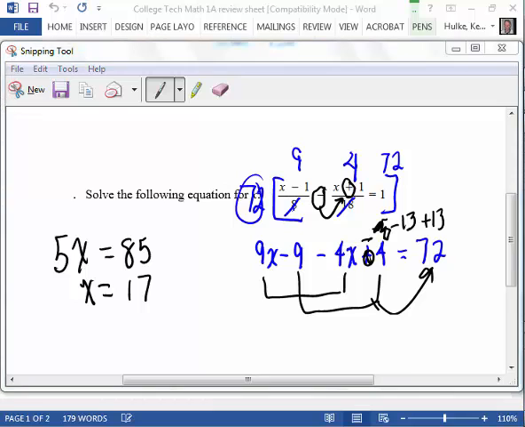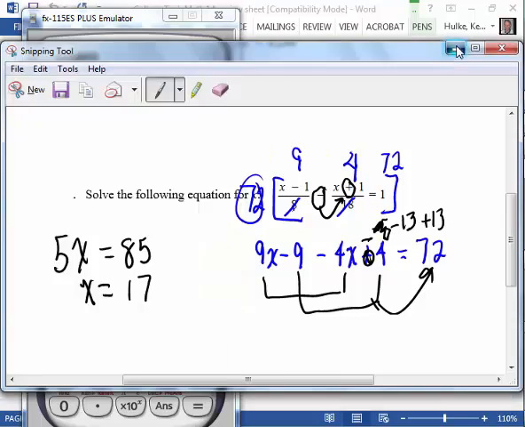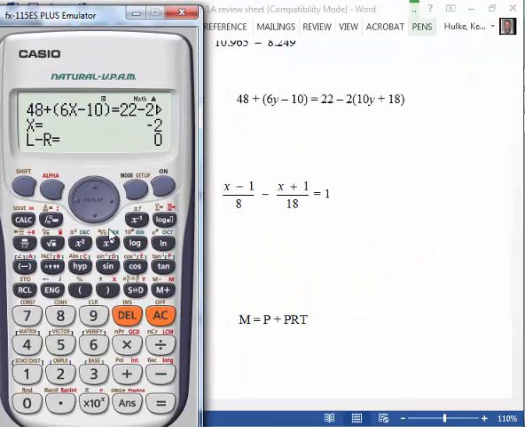Let's do it on our calculator just to check to make sure we got it right. So we've got fraction x minus 1 over 8 minus fraction x plus 1 over 18.